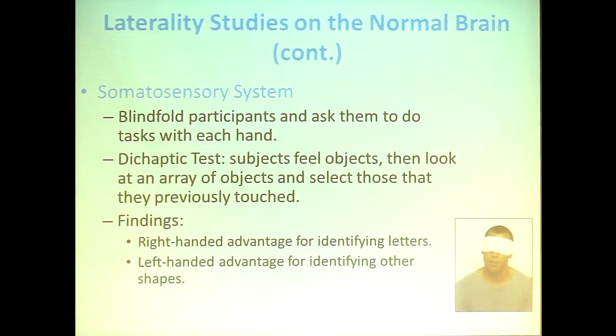So they're blindfolded, they feel certain things, and then they take off the blindfold, and they've got to say what they think that they just touched. The findings there are that there's a right-handed advantage for identifying letters, again, not a surprise, and a left-handed advantage for identifying other shapes. Very nice and consistent.